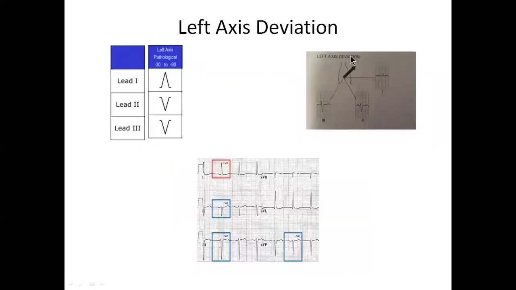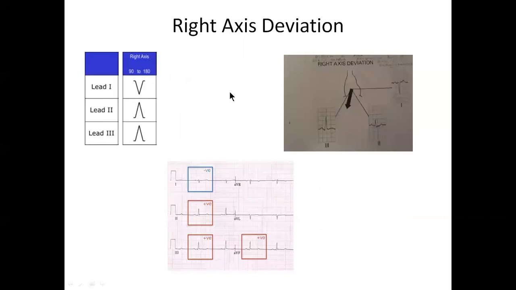In a left axis, if you look at the heart, it's going towards lead 1. Okay, so in lead 1, it's going to be up, but it's going away from lead 2 and 3. So the net QRS would be downward in lead 2 and 3. So if you get an up, down, down pattern like here, that is a left axis deviation. Again, up, down, down.